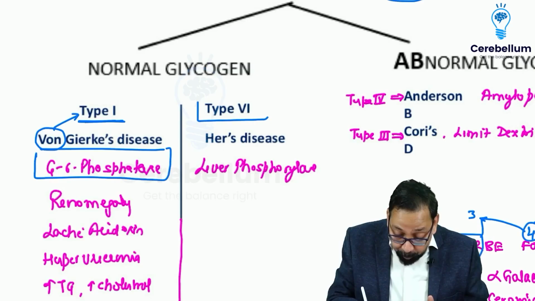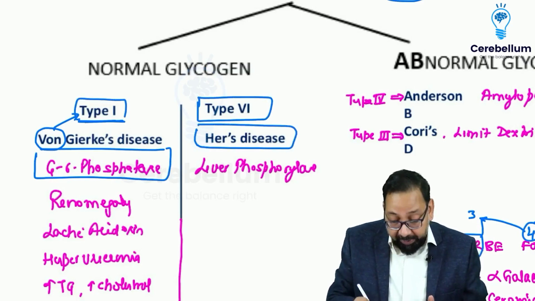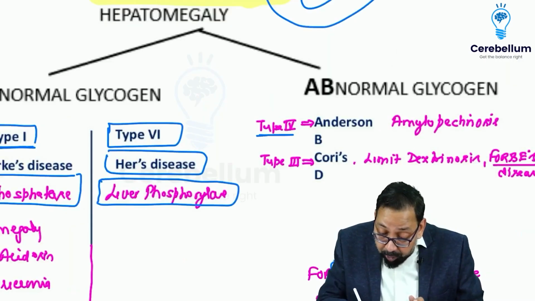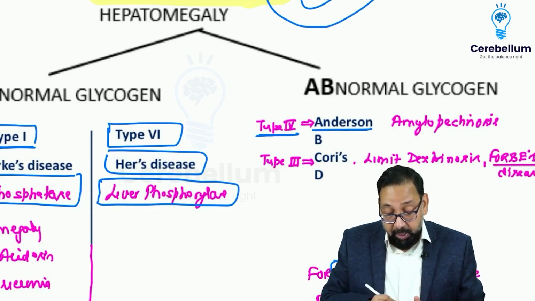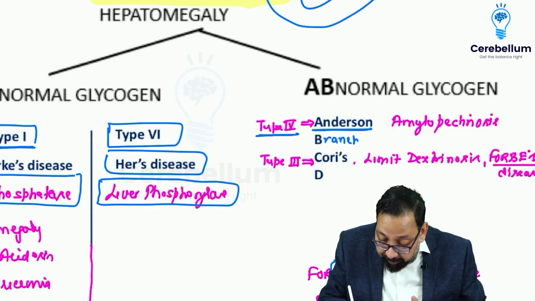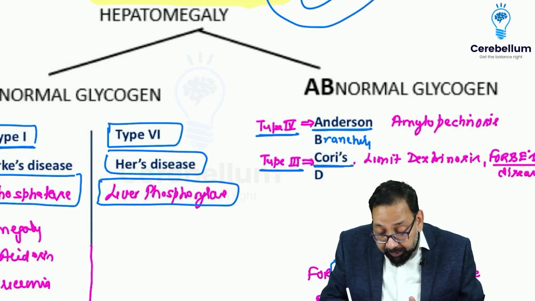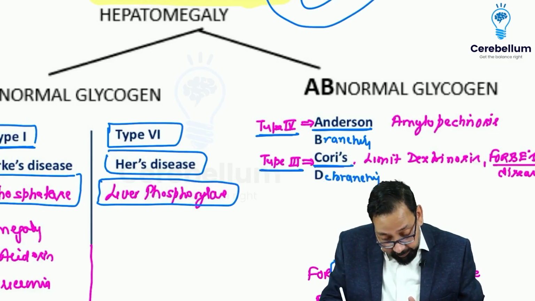Type 6 glycogen storage disease, that is Hers' disease. Enzyme defect is liver phosphorylase deficiency. Type 4 glycogen storage disease, that is Anderson disease, in which branching enzyme is deficient. Type 3 glycogen storage disease, Cori's disease, in which debranching enzyme is deficient.